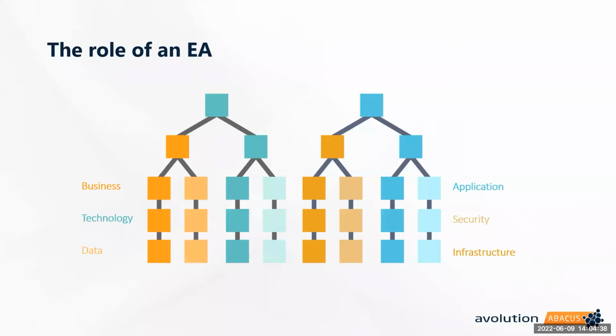The first thing really to focus on is the role of an EA, the role of an enterprise architect within any organization. And you've likely heard from, of course, other EAs today and yesterday, and also from Tim O'Neill with the first presentation yesterday morning around who the EA should be reporting into.